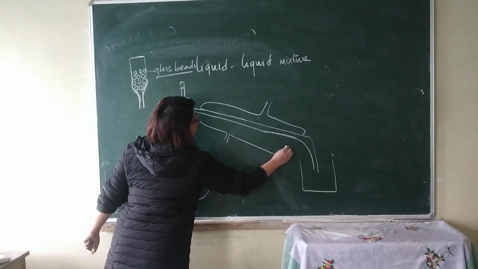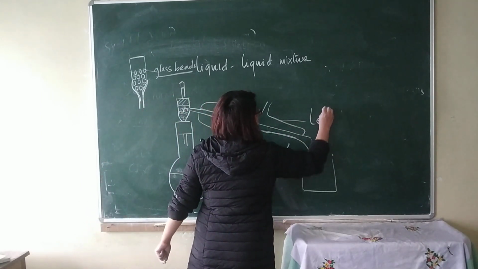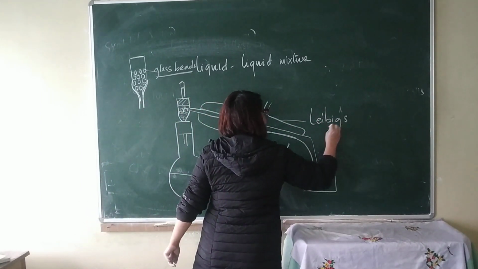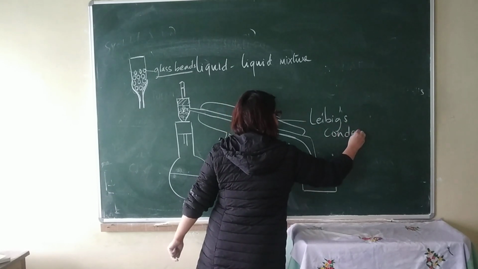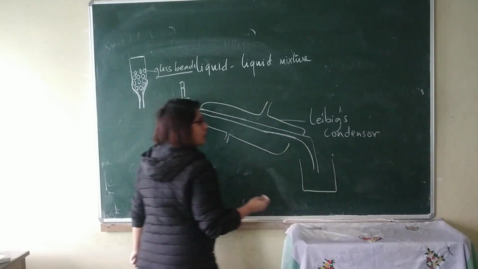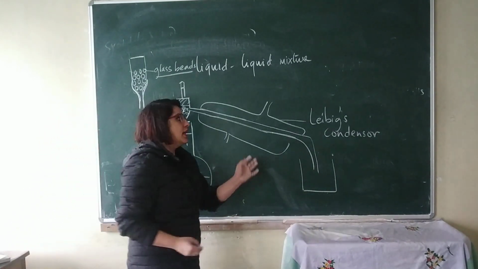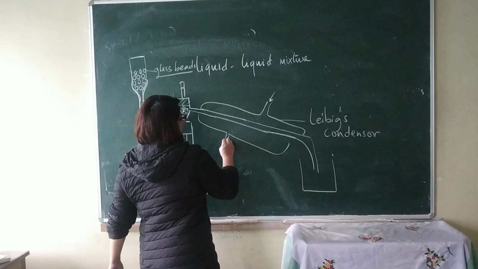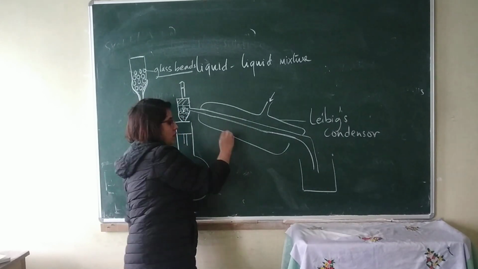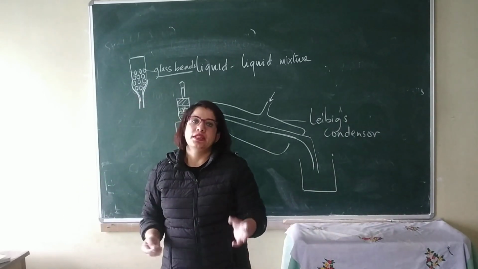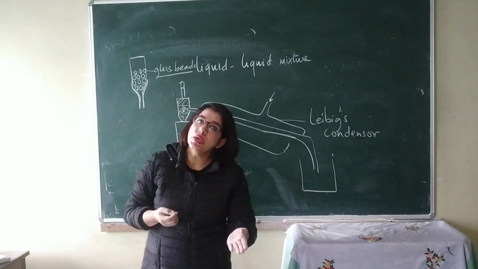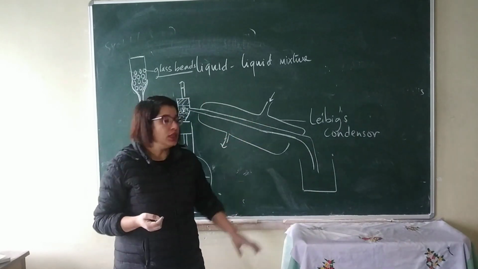Here also we take a Liebig's condenser. As explained earlier, the Liebig's condenser helps in condensation of the vapor. That means vapor changes into liquid here.